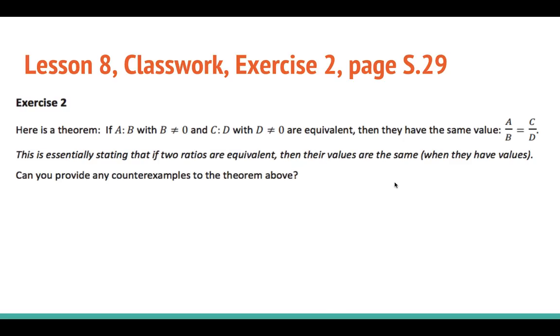This is essentially stating that if two ratios are equivalent, then their values are the same when they have values. So when you've given them numbers, this tells us that these two ratios are equivalent, and that automatically means that their values are the same. So when you put them on the number line, they would be in the same spot.